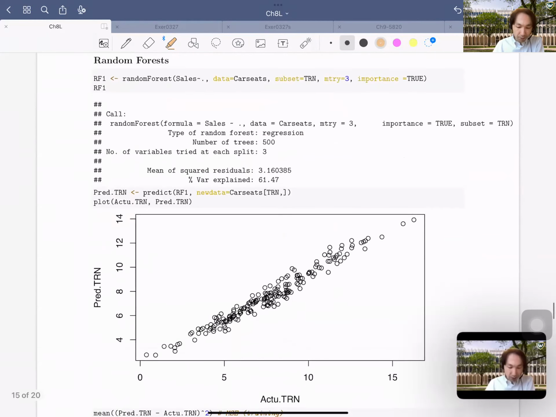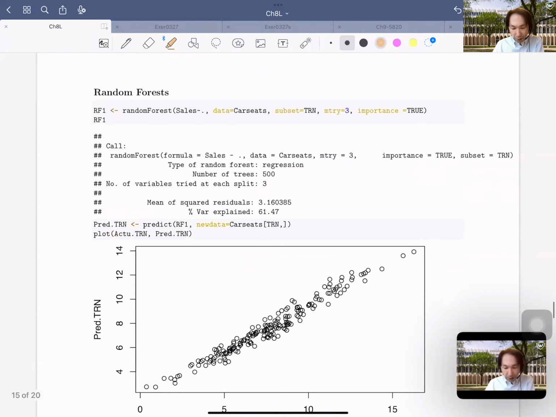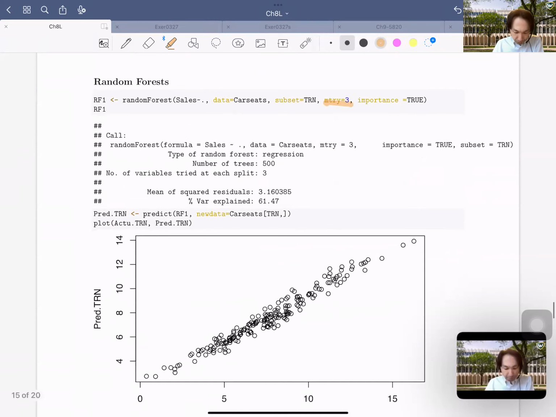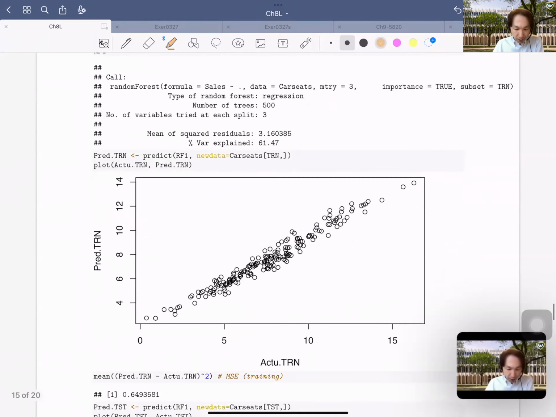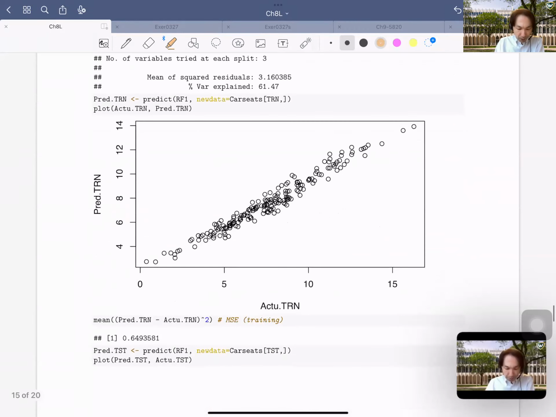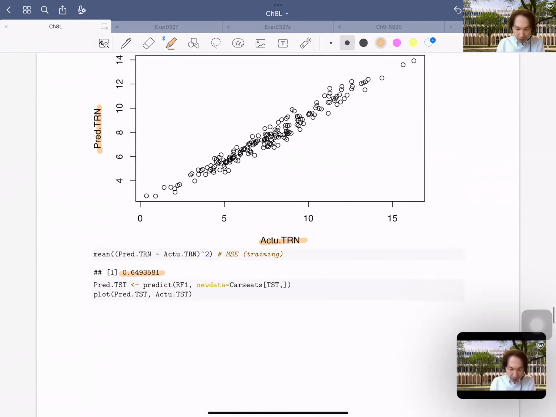Okay, so here are the random forests. Random forests are the same as bagging, except that we allow only a few predictors for each tree. Again, this is the training predicted value and actual sales for the training data set.